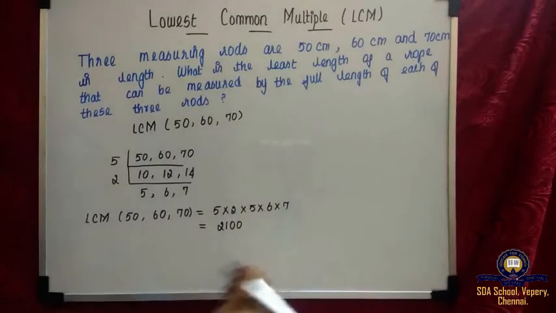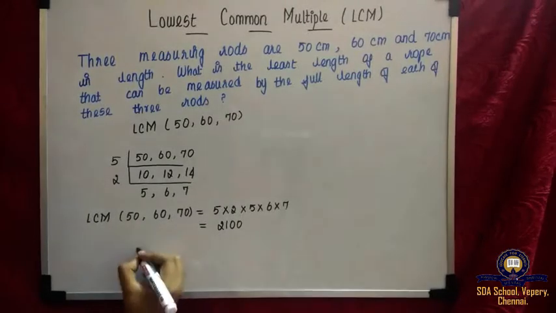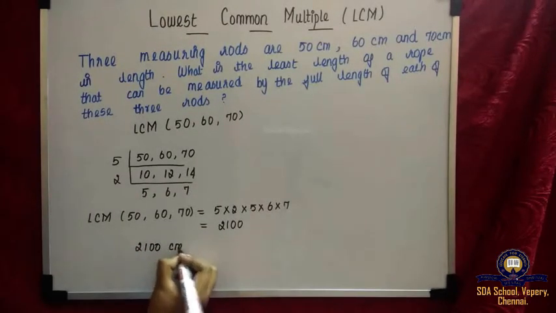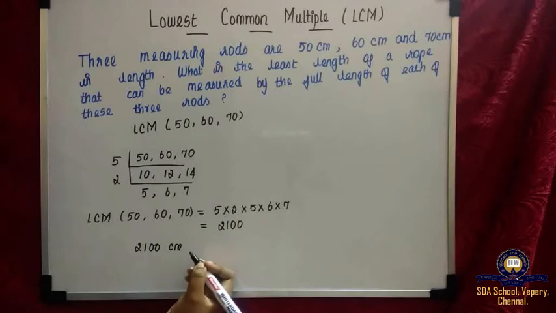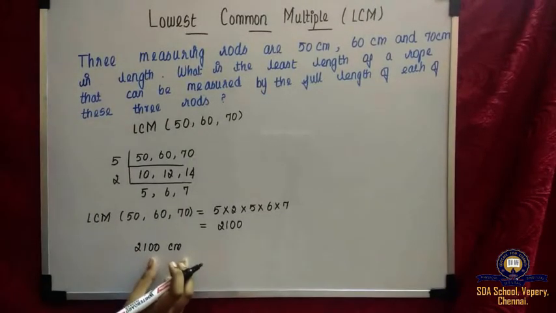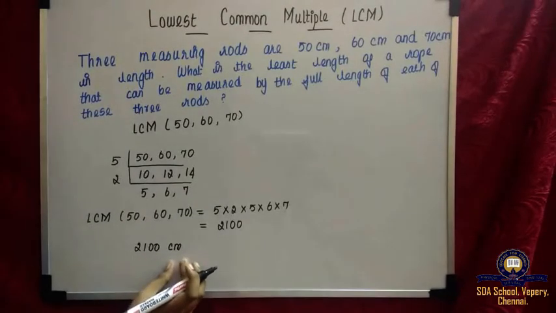It's in centimeter. The measuring rods are in centimeter, right? So it is 2100 centimeter. The least length of a rope that can be measured by the full length of each of these three rods is 2100 centimeter.